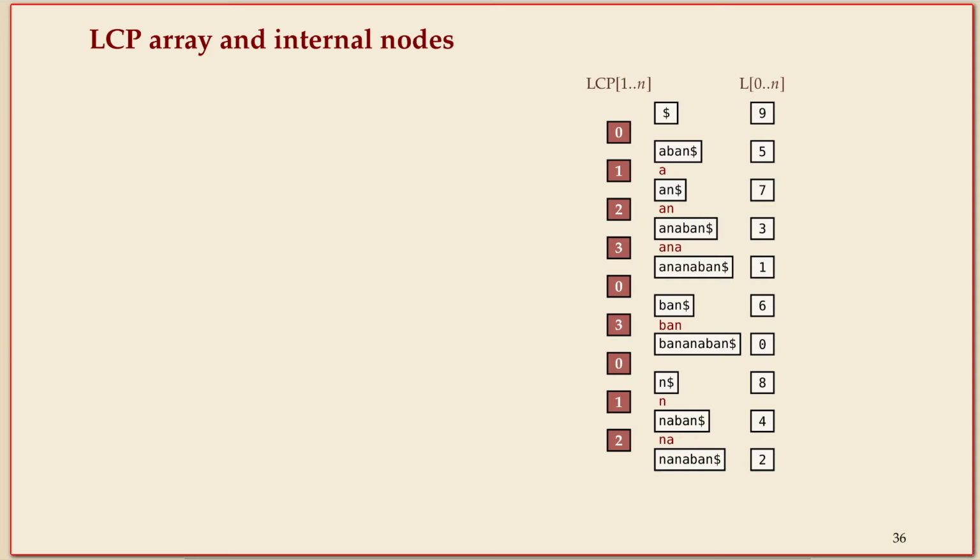As on the last slide, just vertically now, the LCP array should be thought of sitting between the entries of the suffix array. And so the numbers here are just the lengths of these red strings.